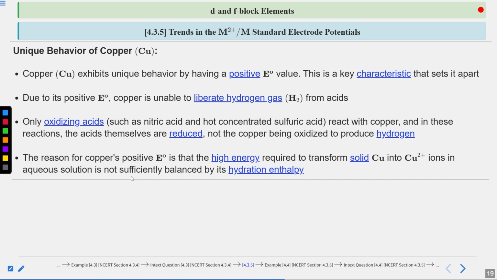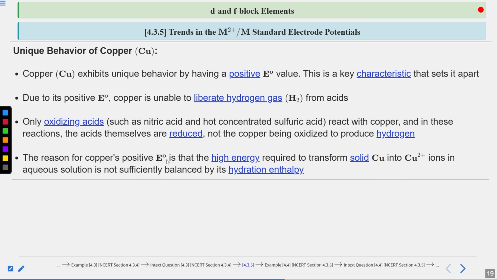The hydration enthalpy, from Cu2+ gaseous to Cu2+ aqueous, is very small compared to the sum of the atomization energy and the ionization enthalpies for copper.